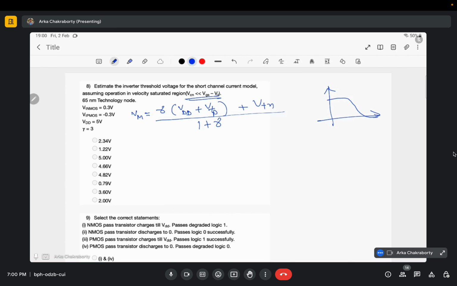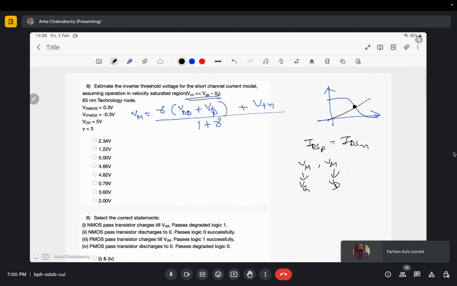If this is my curve, at this point of operation my IDSP and IDSN become equal to each other. So I simply write IDSP in saturation equal to IDSN in saturation, and take the input as Vm and the output as Vm, so my Vg is Vm and my V drain is Vm. Just write this equation and solve it.